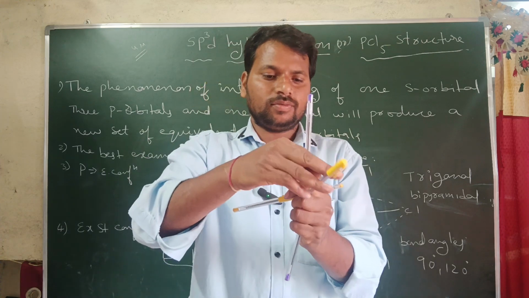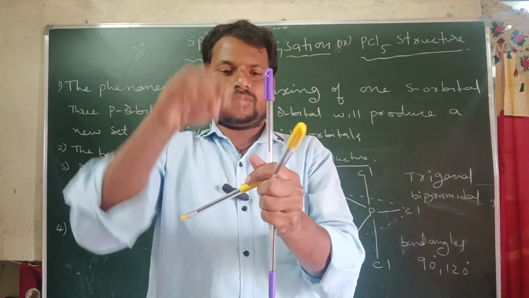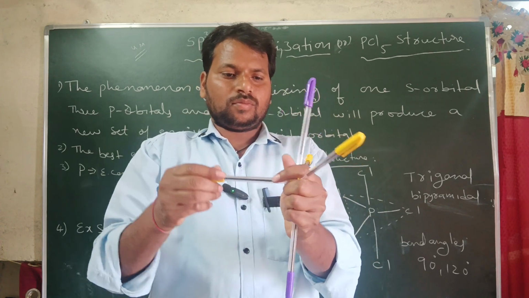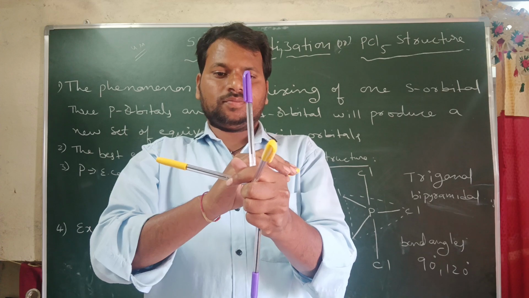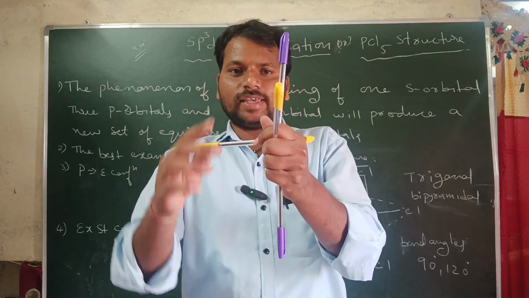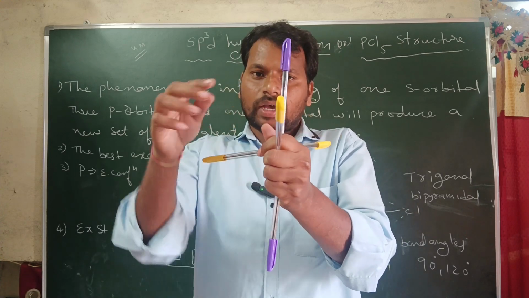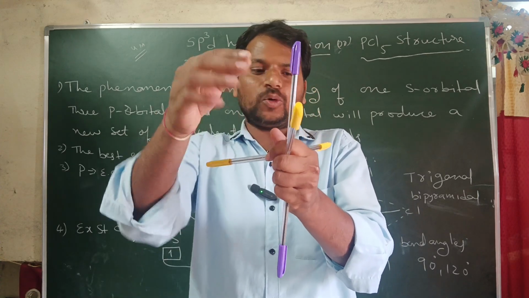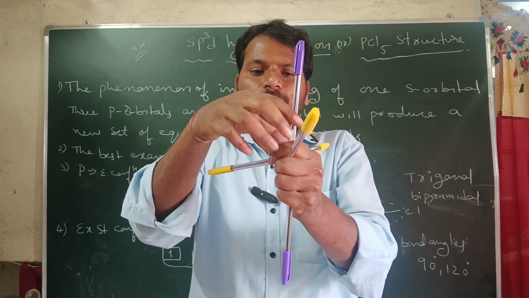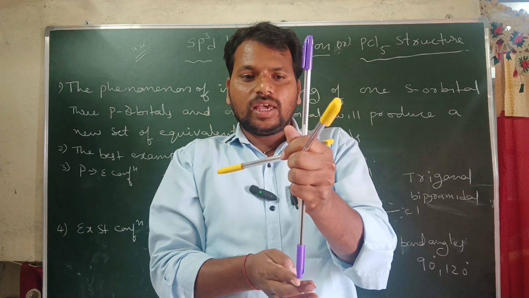The yellow caps indicate chlorine. These three are the equatorial chlorines, which are present on the plane of the paper. This is the phosphorus, this is the axial chlorine, and this is the equatorial chlorine.